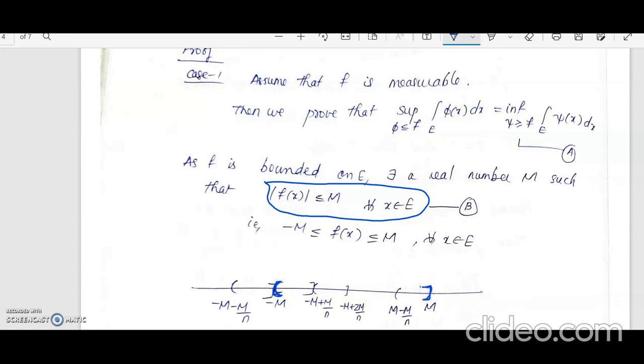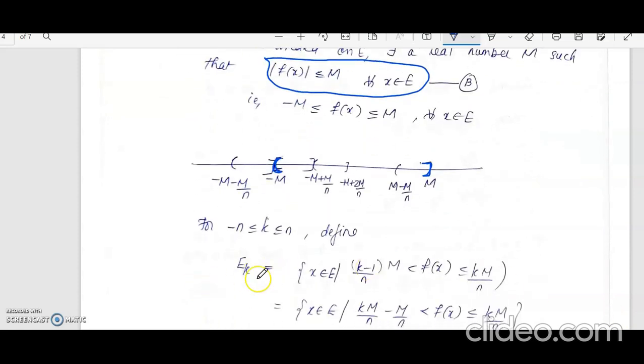Okay. Now let me define a sequence of functions as follows. Here we have minus m. So let me take the value minus m minus m by n.